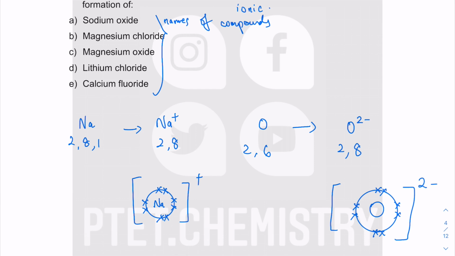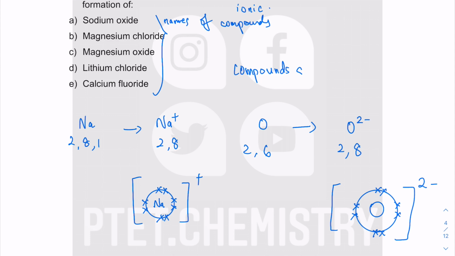This is 2 minus based on the charge there. So group 6 atoms like to gain 2 electrons to get to a fully filled outer shell. Now I have a +1, I have a 2 minus. +1 and 2 minus do not cancel each other out. When I form an ionic compound between Na plus and O 2 minus, I would have to balance the charge because compounds are uncharged. Be very careful.